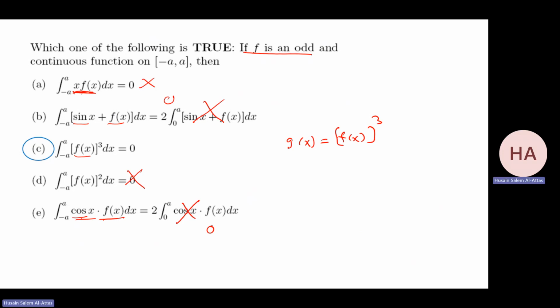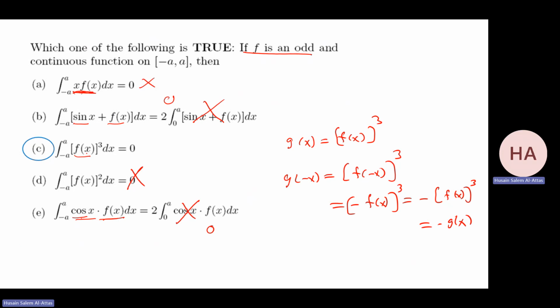Then g of minus x will be f of minus x cubed, and that will be minus f of x cubed, which is minus g of x. So it is odd. So this is correct.